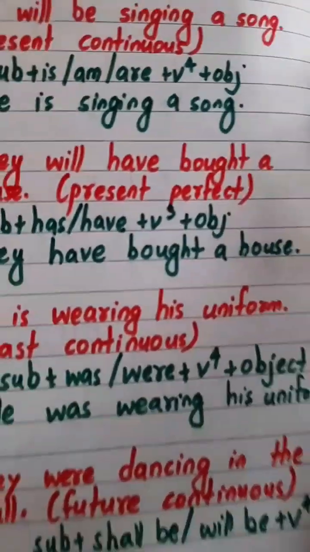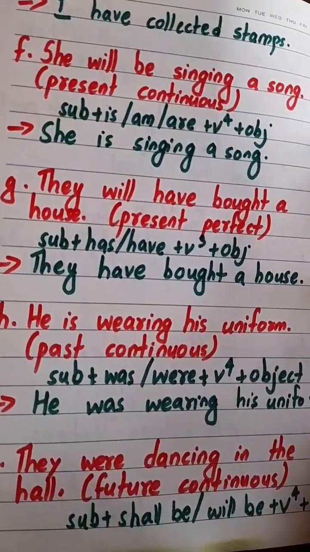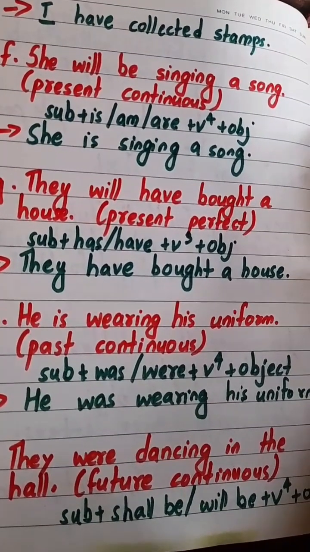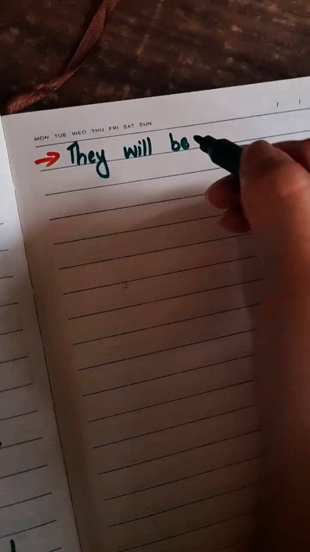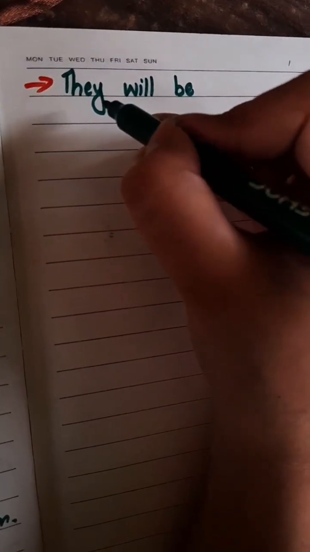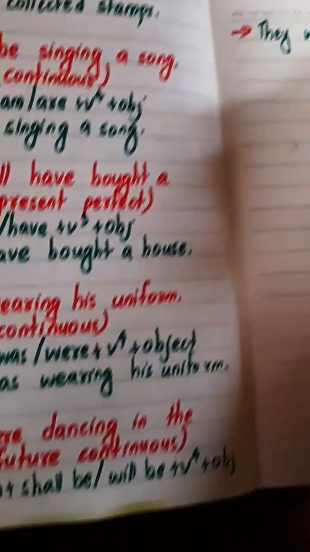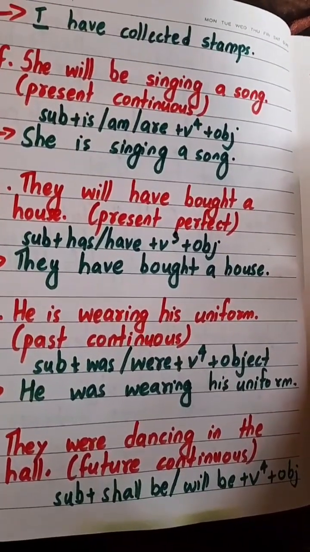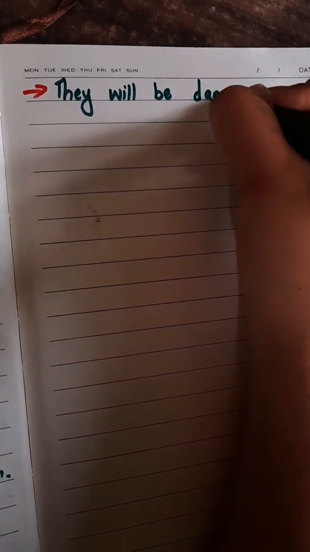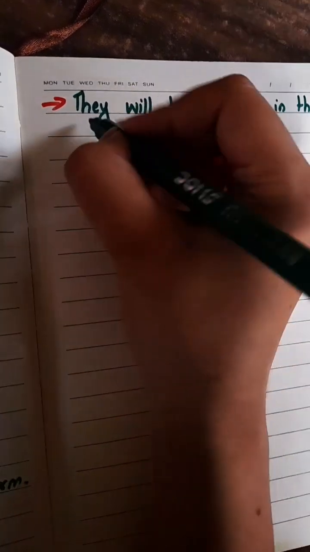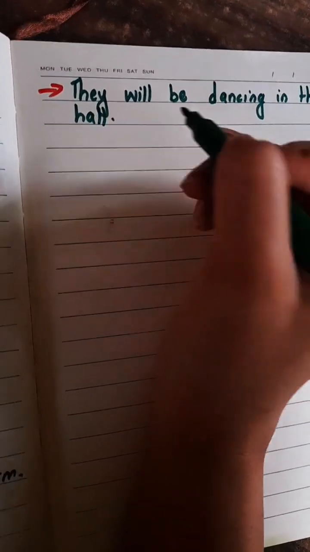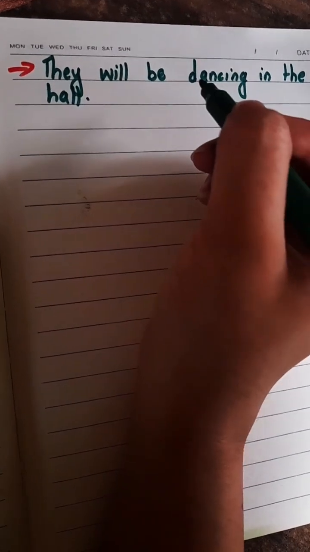They will be. Then verb 4. Dancing is verb 4. So dancing in the hall. In the hall is the object. So they will be dancing in the hall.